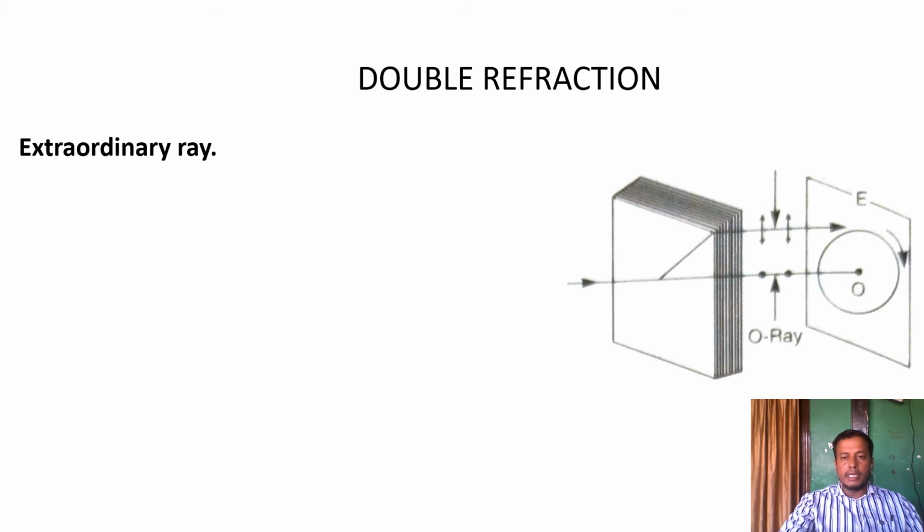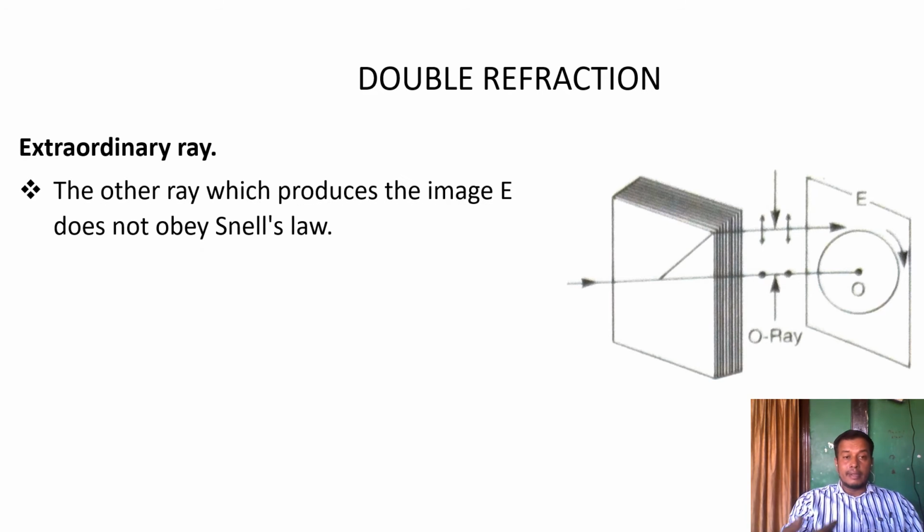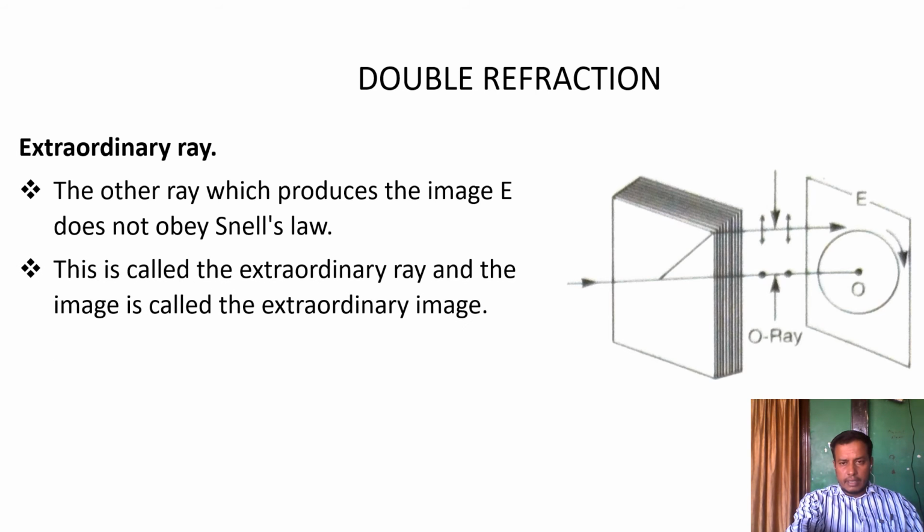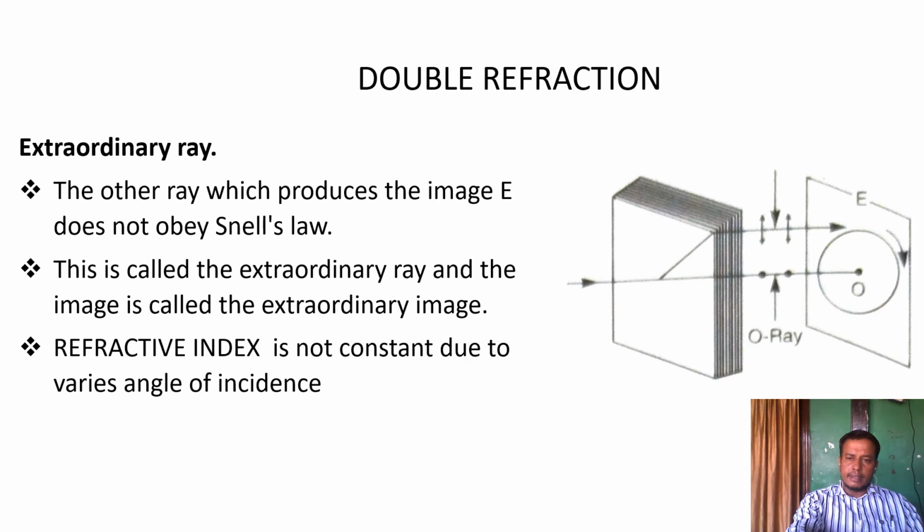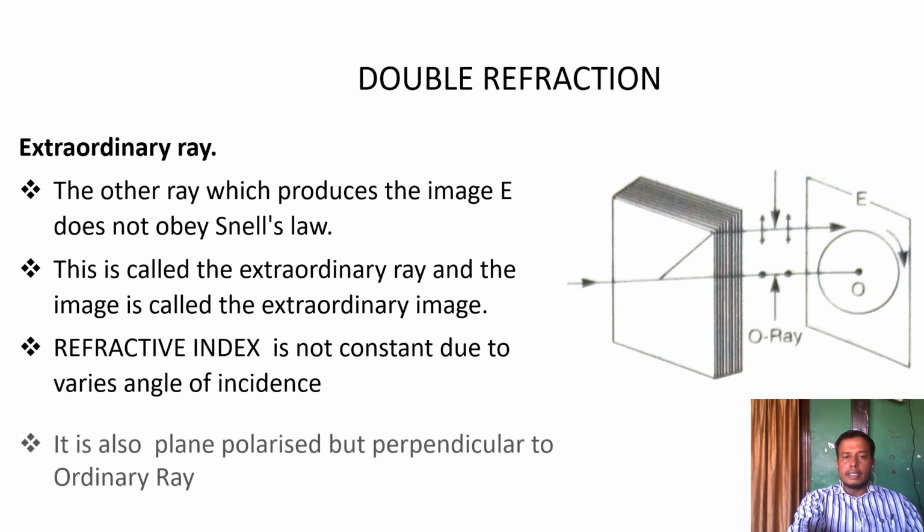The extraordinary ray does not obey the law of refraction, that is Snell's law. This ray is called the extraordinary ray, and the image is called the extraordinary image. Its refractive index is not constant, it changes with velocity, because its velocity goes on changing while it passes through the crystal, as the angle of incidence varies.